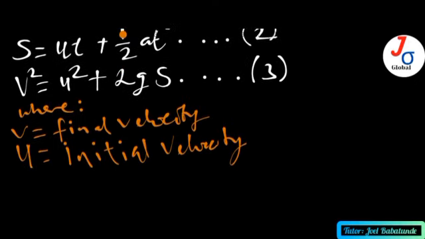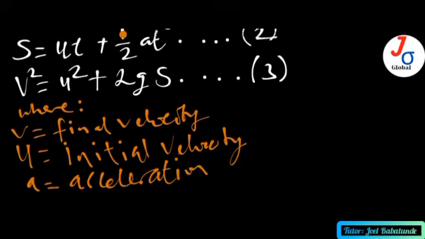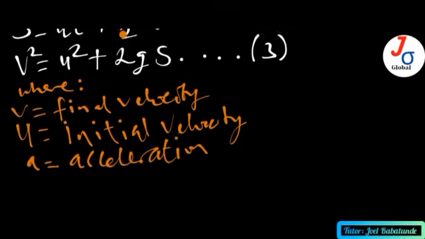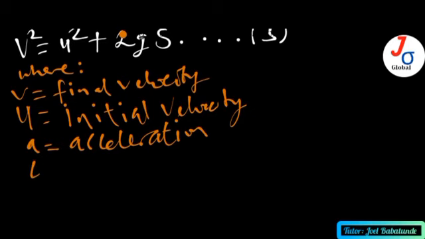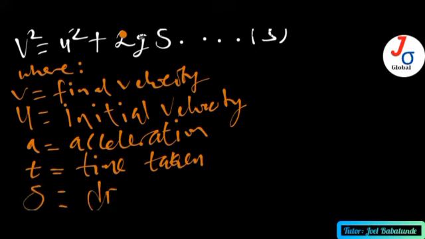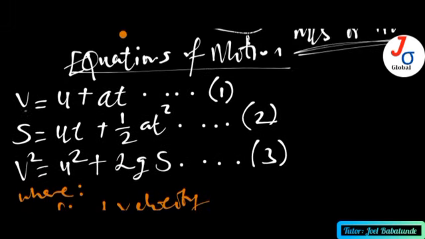We have A. A equals acceleration. Then T equals time taken. And then the last one, we see S. S is actually distance. So these are the meanings of the parameters in these equations that we have.